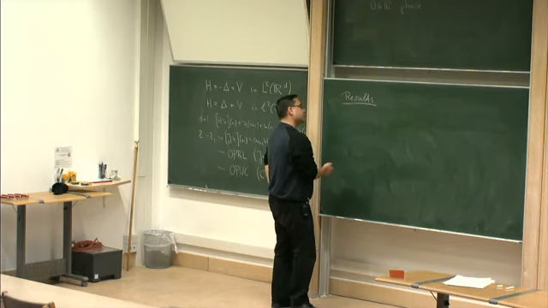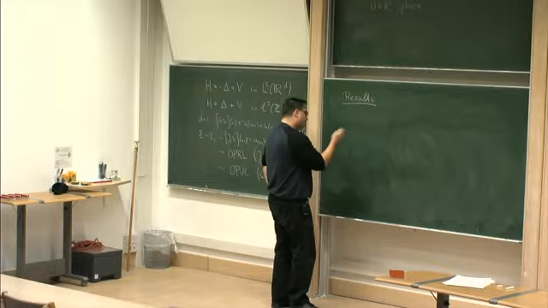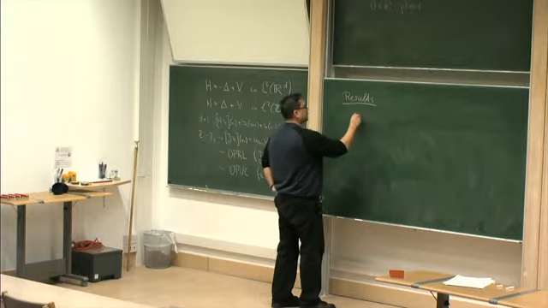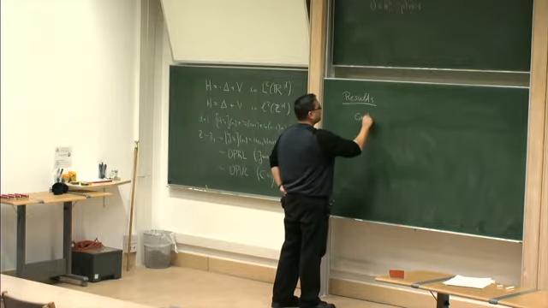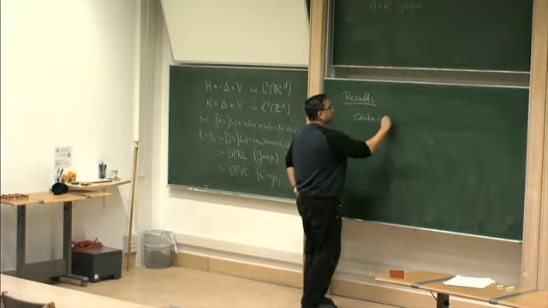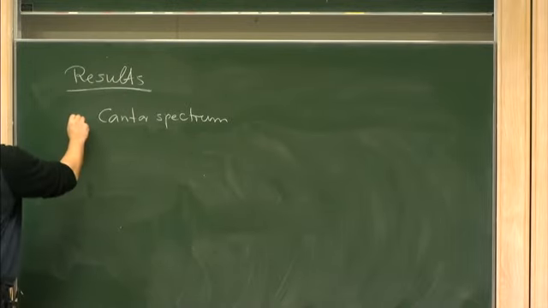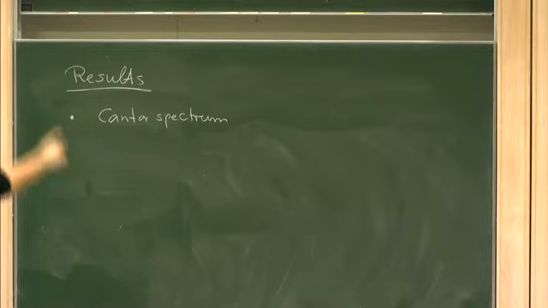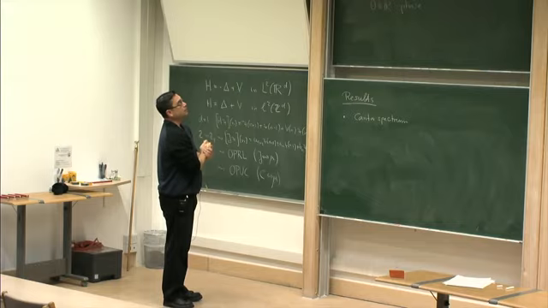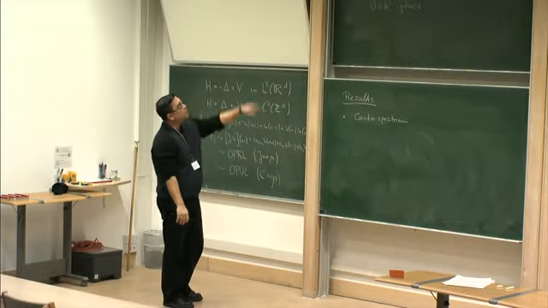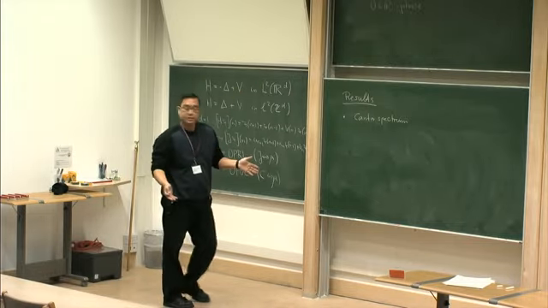So there are sort of 3 primary groups of results. So one is the Cantor nature of the spectrum. Under these assumptions, that lambda is non-zero and alpha is irrational, it's just true in absolute generality that the spectrum of this operator is a Cantor set.